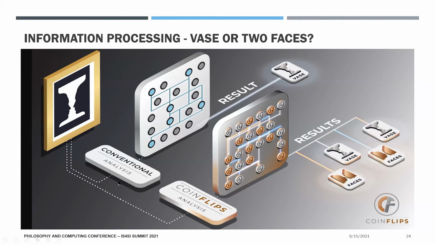The conventional analysis will give you either a vase or the faces. But the new probabilistic computer that they are proposing will give you the vase 50% of the time and the faces 50% of the time. And so the result will show that it could be either, right?